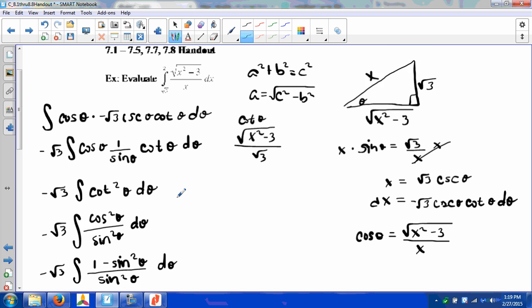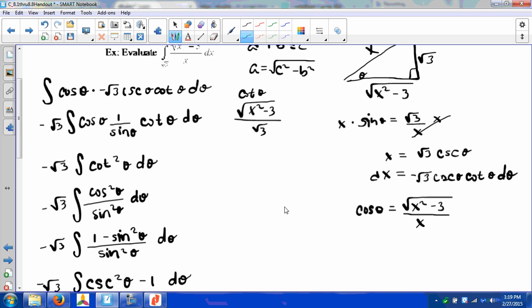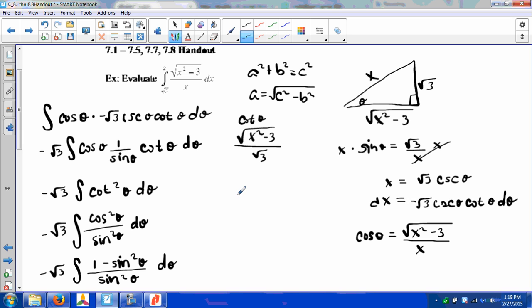All right, and then now I need theta, and it doesn't really matter which one you use. You can use any of them that you want, but generally I'm going to use the one with the x's in it. So let's just go with the one we have right here.